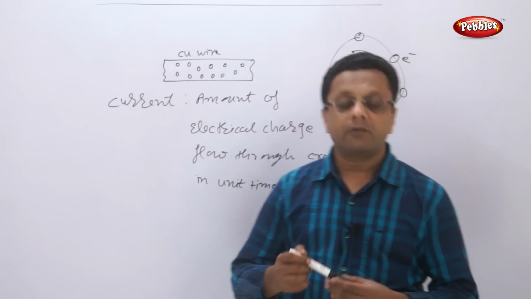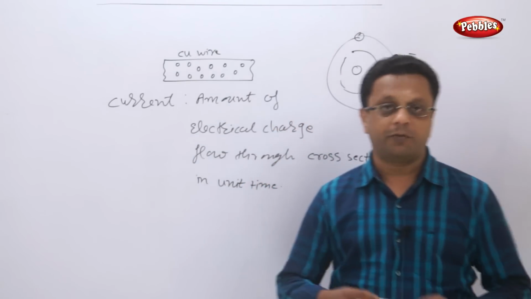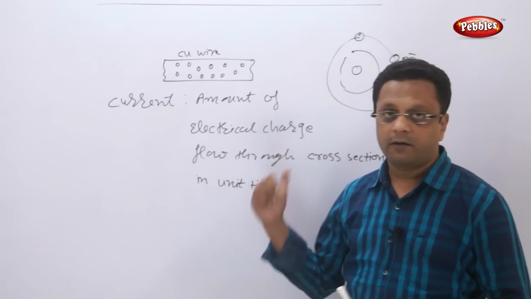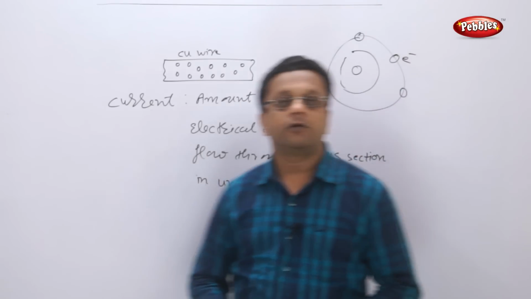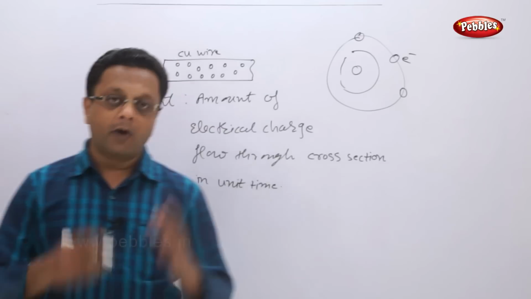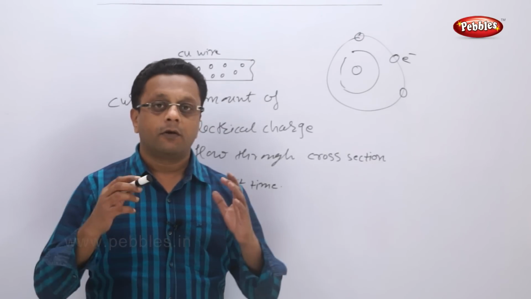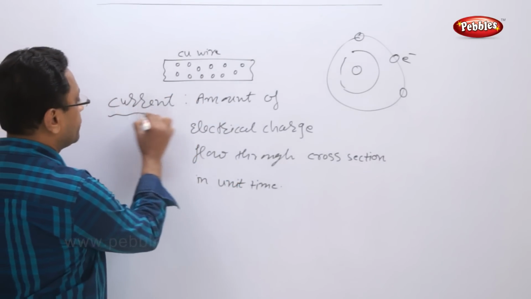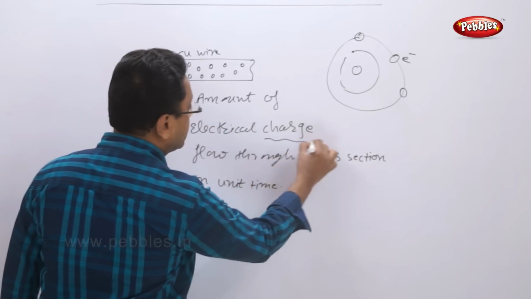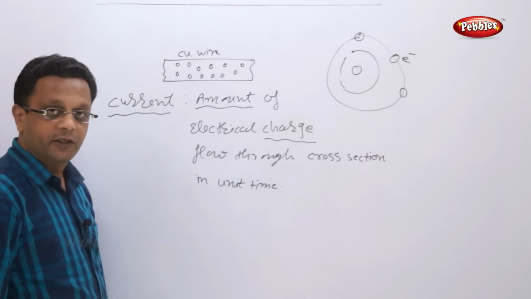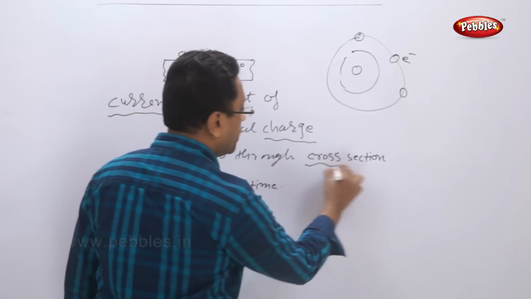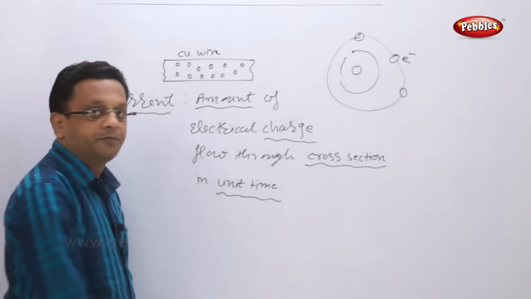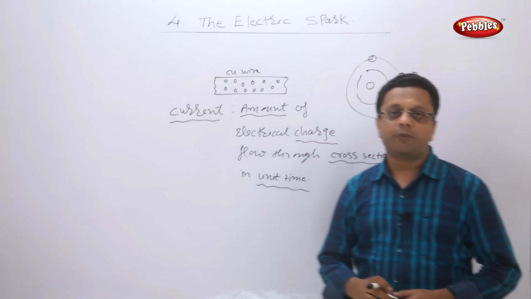Again I remind you, the definitions must be as per the book, word to word. I am not writing it here because it's meaningless to write it again, but you have to follow the definitions from the books only. What is important here? What is the current? It is the amount of electrical charge through a particular cross-sectional area in unit time. So this is important here.